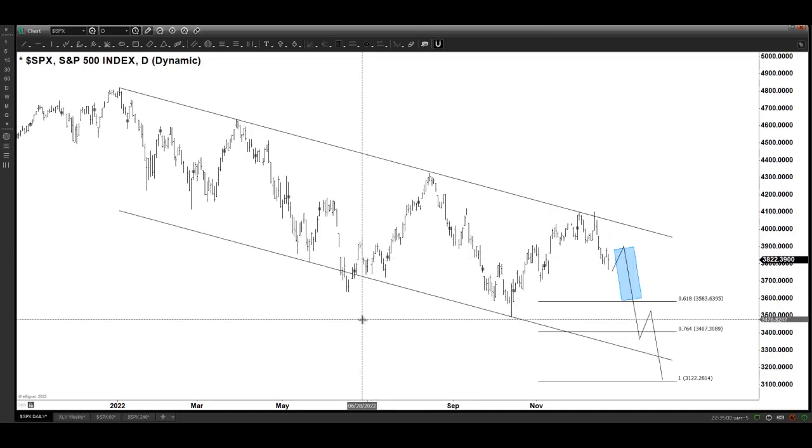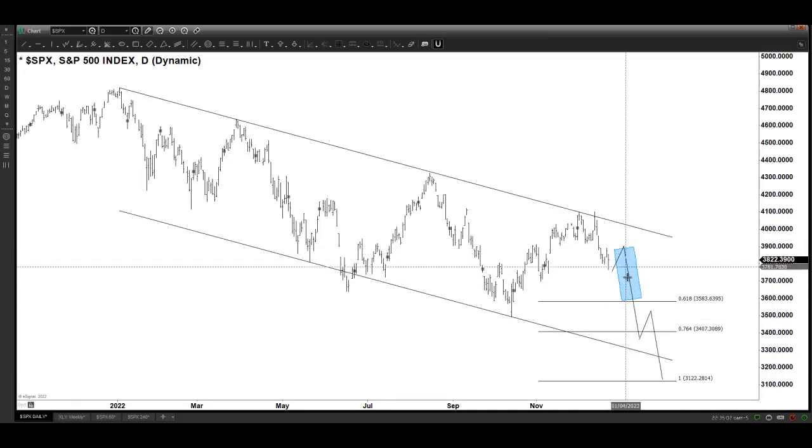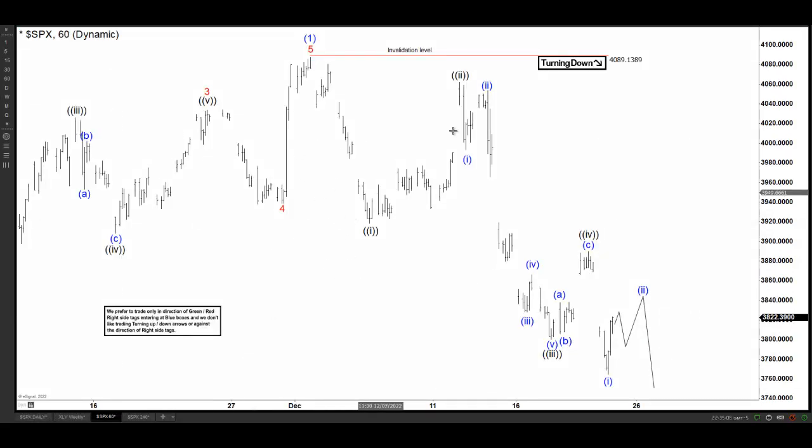But the continuation lower after the bounce is very clear due to the nature of the 1, 2, 3, 4, and 5. This is how we're labeling it. A little more extension right here is what we're labeling. A little more extension like this, then a bounce and more downside.